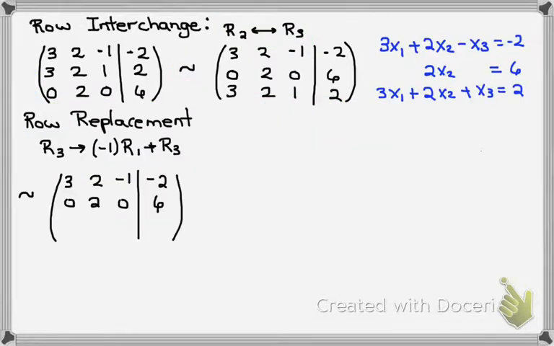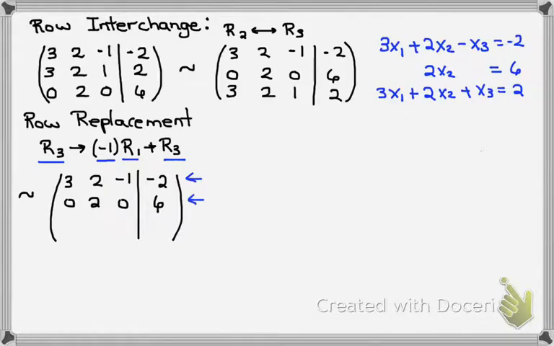The next row operation we're going to perform is called a row replacement. In a row replacement, we simply take a row and replace it with a multiple of another row. Here I've written out the row operation we're going to perform. We're going to take row 3 and replace it with -1 times row 1 plus the row itself. I've just rewritten rows 1 and 2 because those will not be changed.